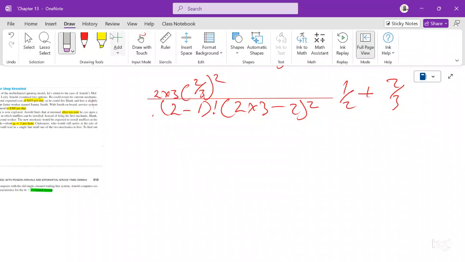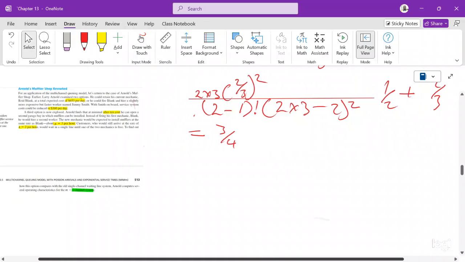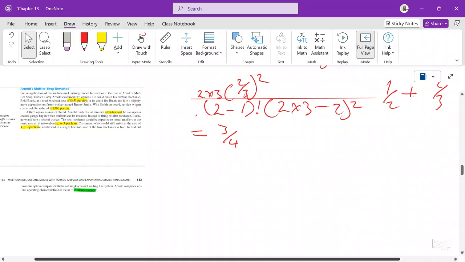So now WQ. WQ equals, we have LQ already.